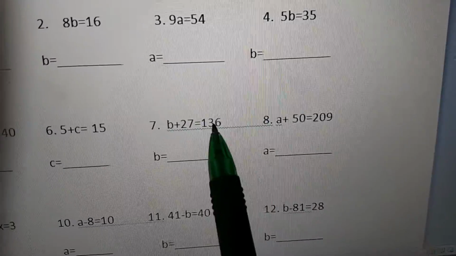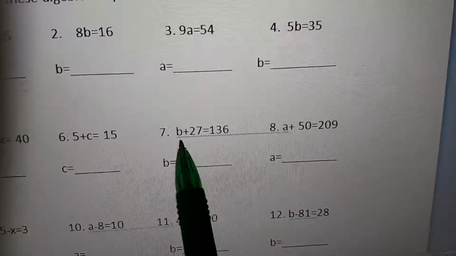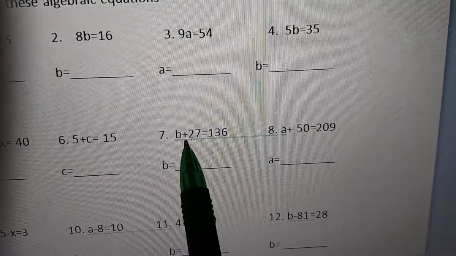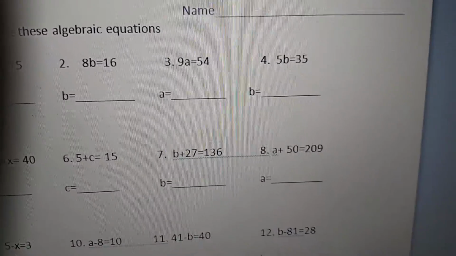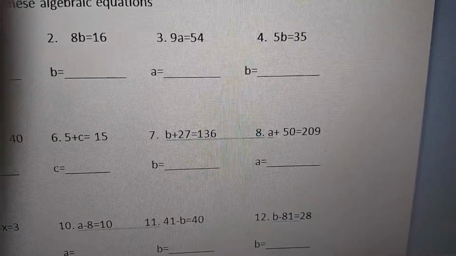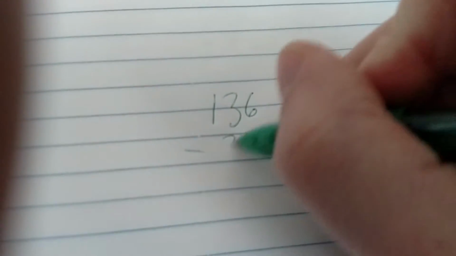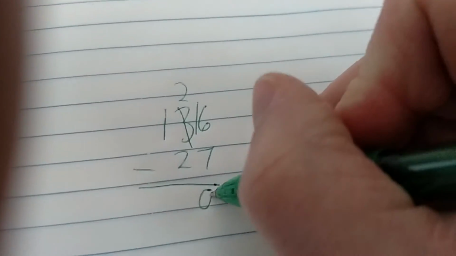I'll go to this bigger one. 136. Since we're adding, the opposite would be subtracting. So 136 minus 27 would give us 119. Let me check that on our sheet. 136 minus 27. Got to borrow, so make that 2. That gives us 9.